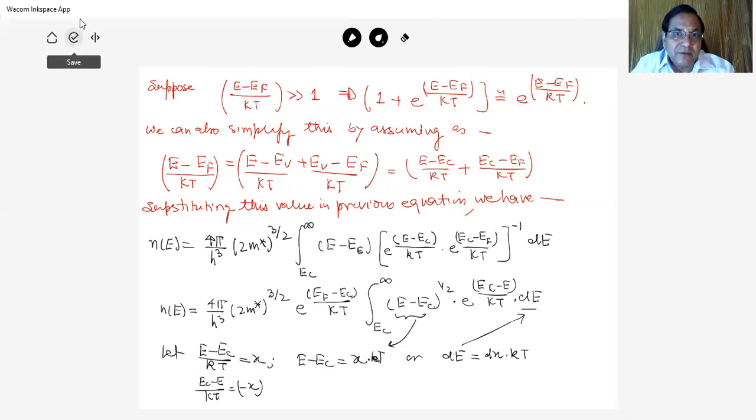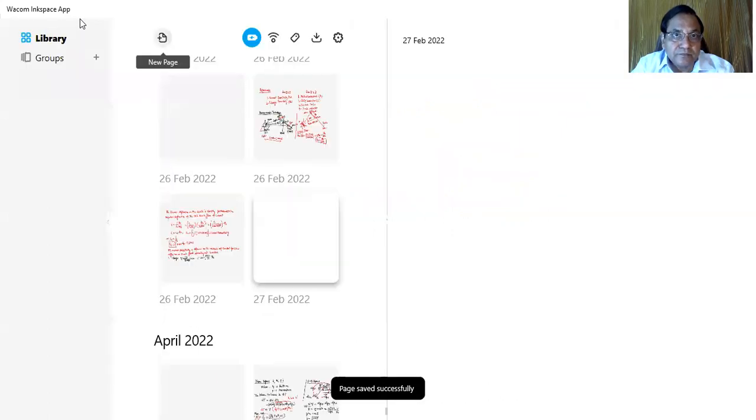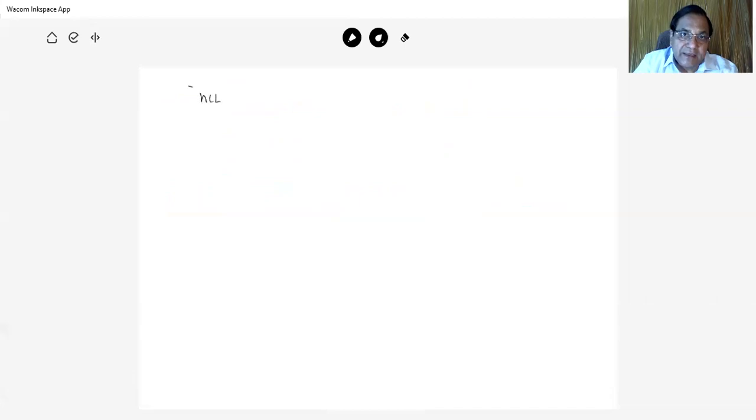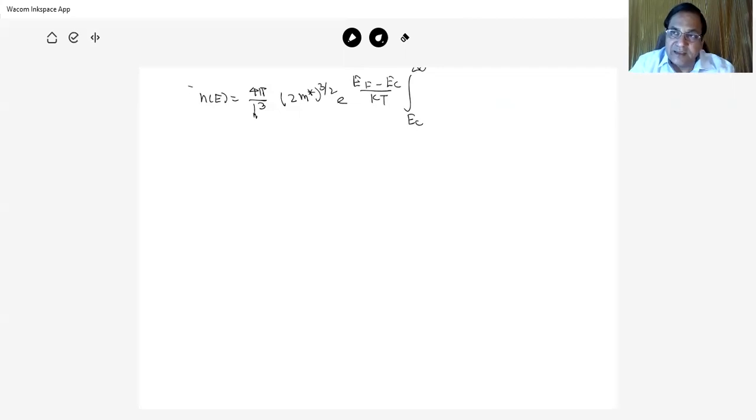Simplifying all these, we have Ne is equal to 4 pi upon h cube, (2 m star)^(3/2) e raised to the power (Ef minus Ec) by kT, integral from Ec to infinity, and here E minus Ec is x kT, (E minus Ec) to the power half is (x kT) to the power half, and dE is kT dx.